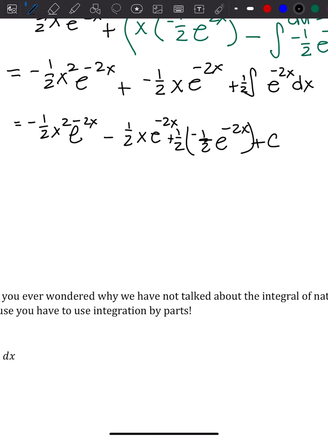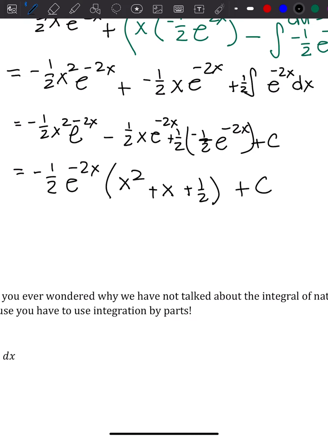So we're going to factor out a negative 1/2 and an e to the negative 2x from everything. This means I have an x squared minus an x, but we have gotten rid of that negative, so now it's x squared plus x plus 1/2, and then finally a plus c at the end.